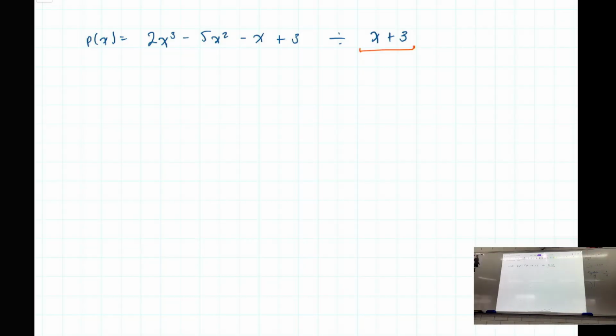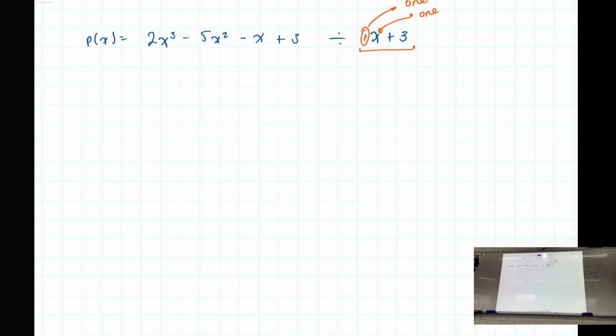The other rule is that the coefficient of the leading term in my divisor has to be 1. The coefficient of x in this case is 1, and also the degree is 1, x to the power of 1. So I can see 1s on this side. That is a must in order to do synthetic division.